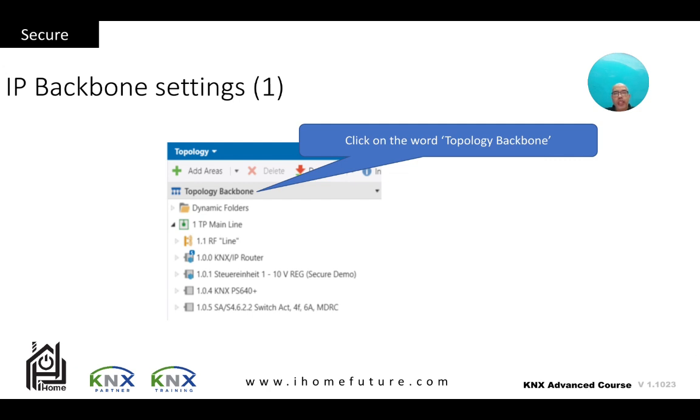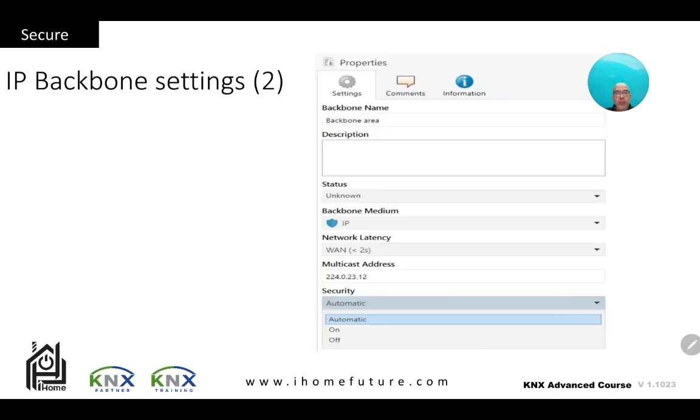Same thing for the IP backbones. For the IP routers, I can have the IP backbone, like here, using an IP router which is secure. Then I can choose the IP backbone itself to be secured: automatic, on or off. If it's on, then data will only be sent to a secure IP router, in an encrypted and secured way. If automatic, then it's fine, I will try to use it.